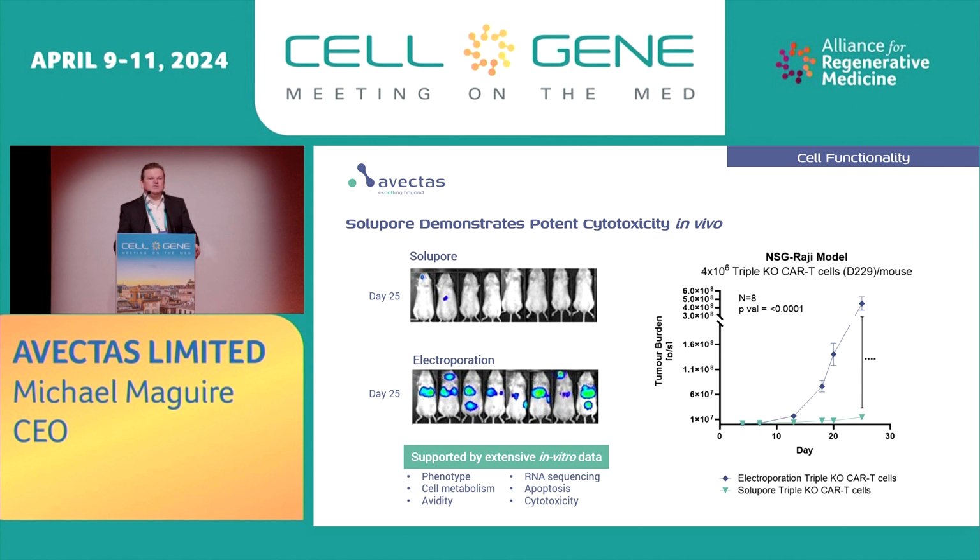And although this result is eye-catching, it was unsurprising to us, having been built on top of an in vitro data set, including cell phenotype, metabolism, avidity, which we did in conjunction with Lumicks, RNA sequencing, and then looking at apoptosis and cytotox. So if you like, bringing this together in terms of that complex triple edited product, we demonstrate more potent cytotoxicity in vivo with Solupore-modified cells.